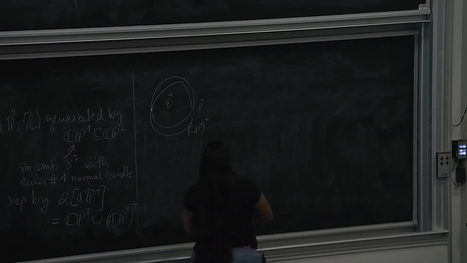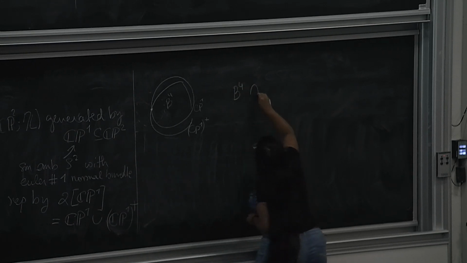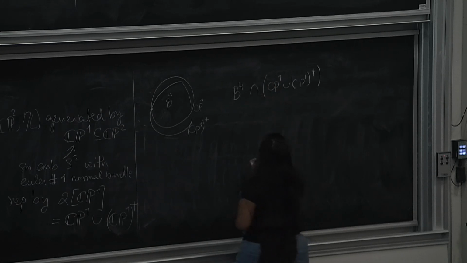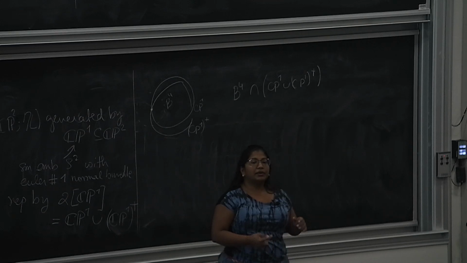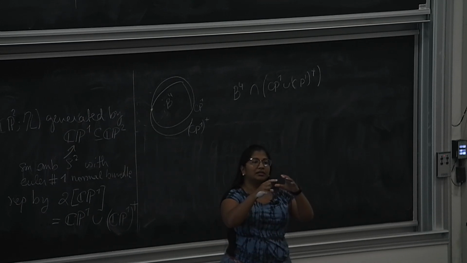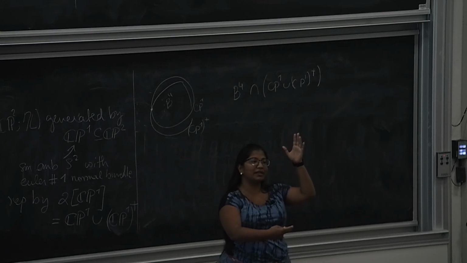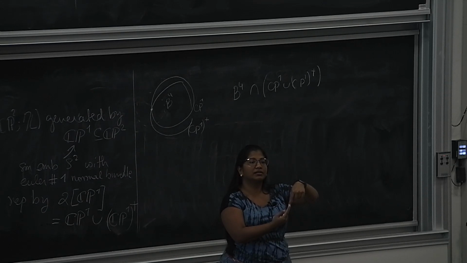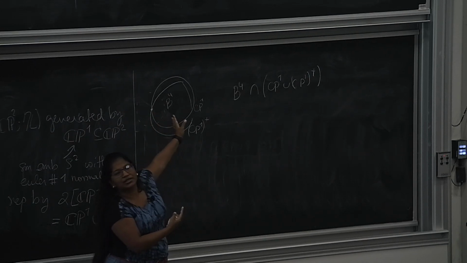If I look at B4 intersect the CP1 union CP1 plus, what does that look like? Inside of R4, I have the XY plane and the ZW plane. They intersect transversely at the origin, and that's a model for what's happening at that intersection.